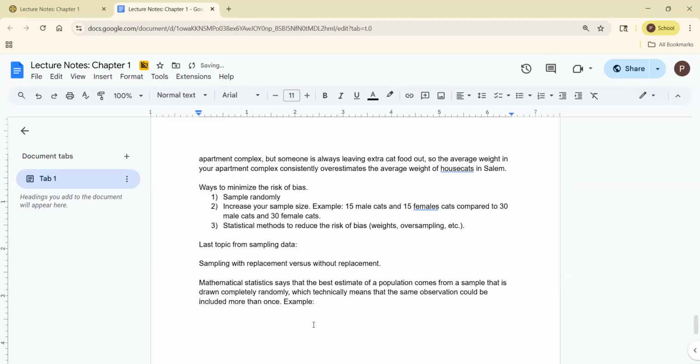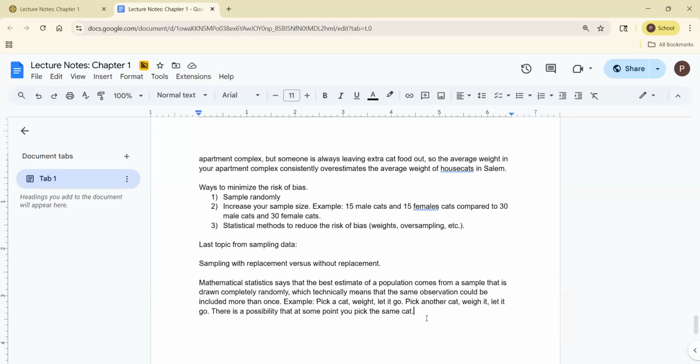Example, pick a cat, weigh it, let it go. Pick another cat, weigh it, let it go. Now there's a possibility that at some point you pick the same cat. Mathematically, that's the best way to get an estimate of your population.